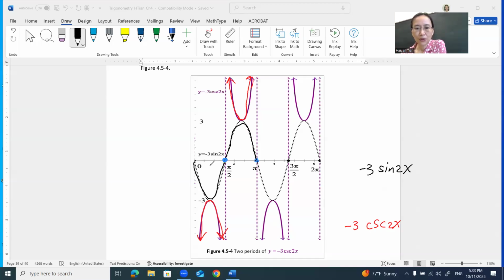So we can see this is 1 period. But if you want to draw 2 periods, then let's continue. Of course, all these vertical asymptotes will happen, right? And let's draw 1 more period of the sine function. Just go from here, another period.